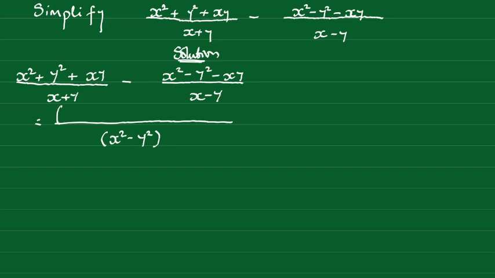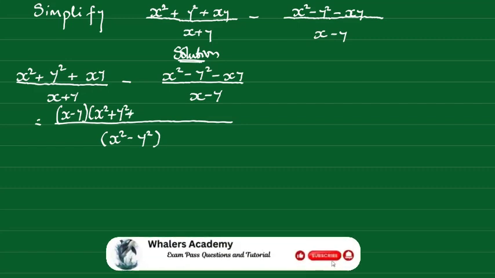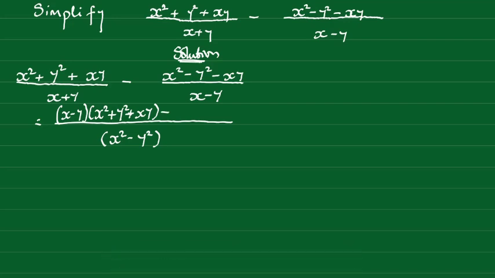So we have (x minus y)(x squared plus y squared plus xy) minus, x squared minus y squared divided by x minus y leaves us with x plus y.